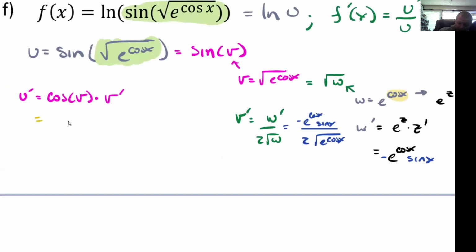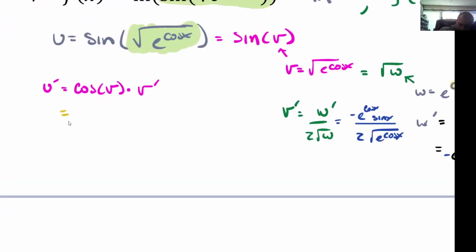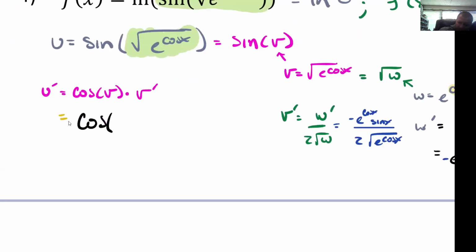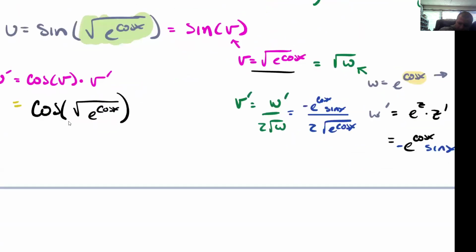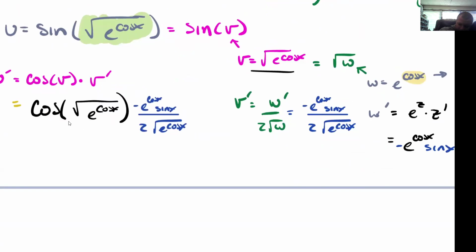But then this whole thing is what's going in there, the cosine of v. So u prime is the cosine of v, and v was the square root of e to the cosine of x, times my v prime, which is this right there.